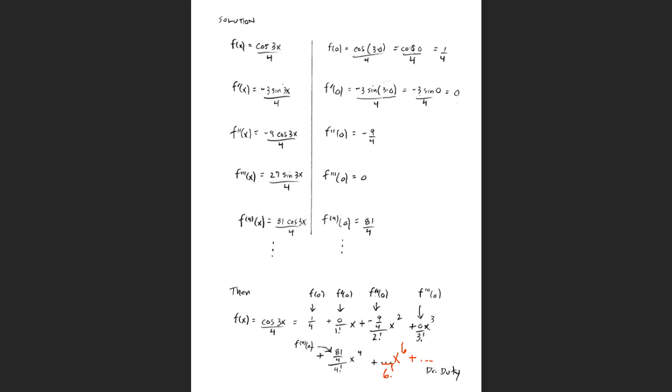What do you think is going to go here in front of x to the sixth power? Would the term be positive or negative based on the pattern that you're seeing here? Would the term with x to the sixth power be positive or negative? It would be negative.